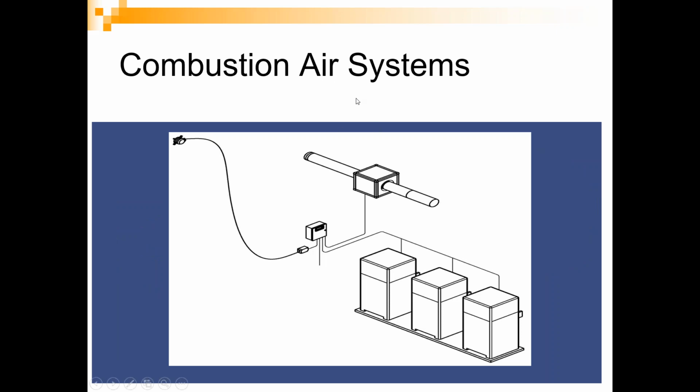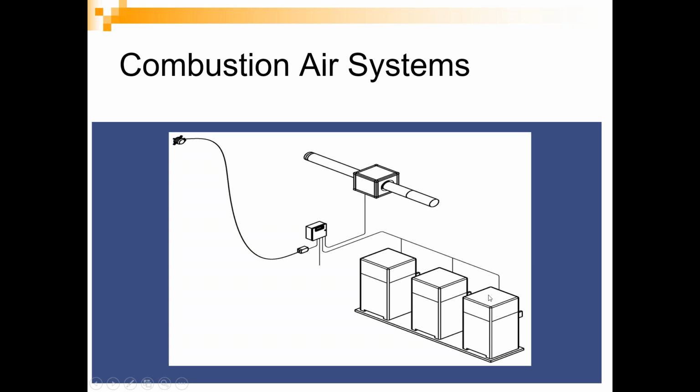Another type of system that we offer when we're talking about the boilers is a combustion air makeup system. This is another type of fan system from US Draft. We have our multiple modulating boilers, and we don't have enough room for louvers, or we don't want to duct each boiler outside individually. We can put ducting into a single fan and bring combustion air in through this system, and have a pressure sensor in the room and a pressure sensor outside, and then modulate this fan on a variable frequency drive.